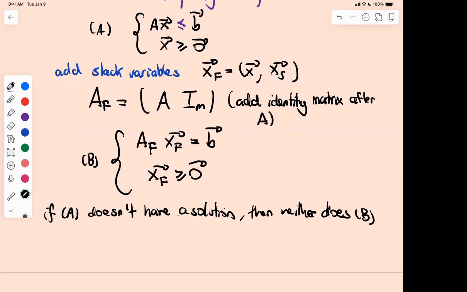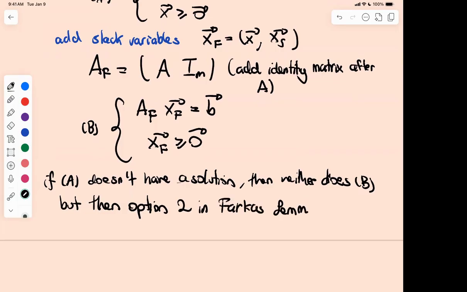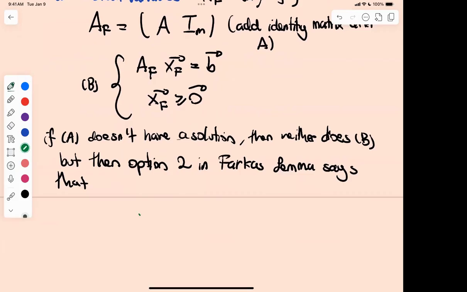But if this doesn't have a solution, we are in the second case of Farkas lemma, because this is already an inequality, right? But then option two in Farkas lemma says, like the picture that I had before, the separation picture, that you could separate the vector from the cone. It's just that this cone is made with the columns of A f.